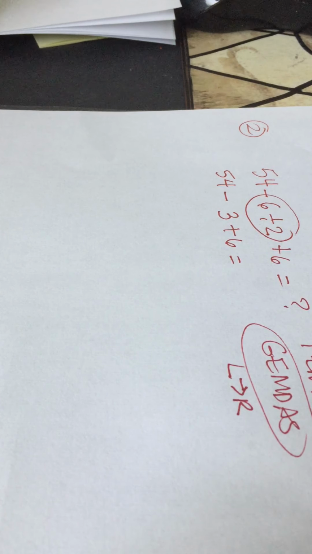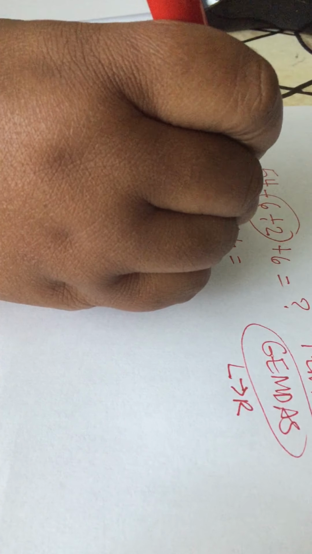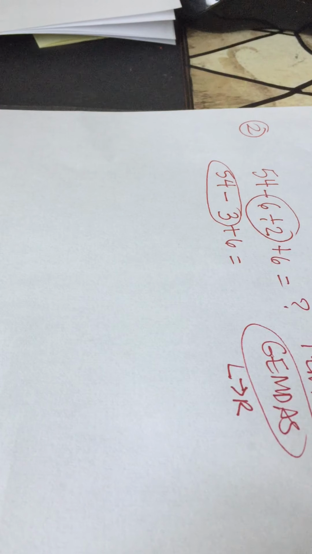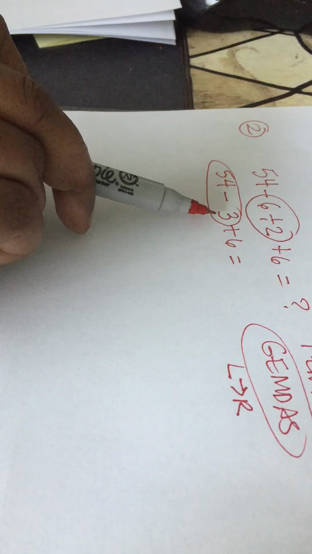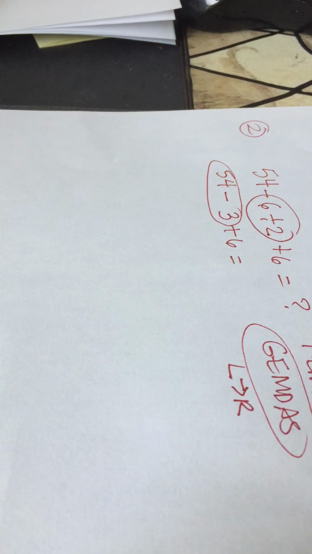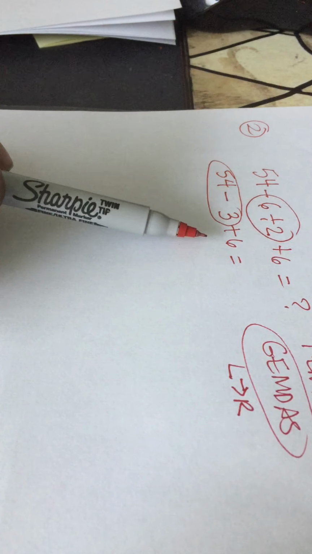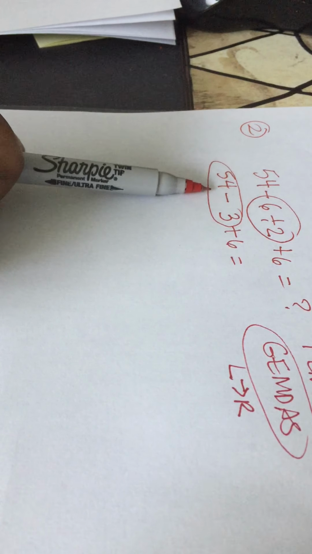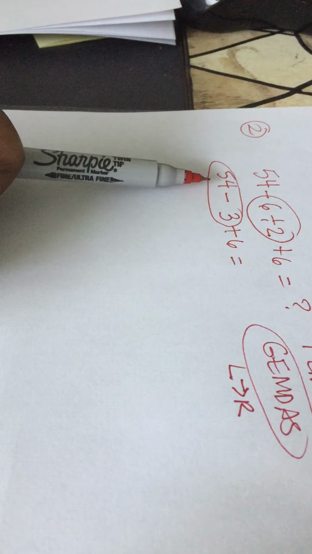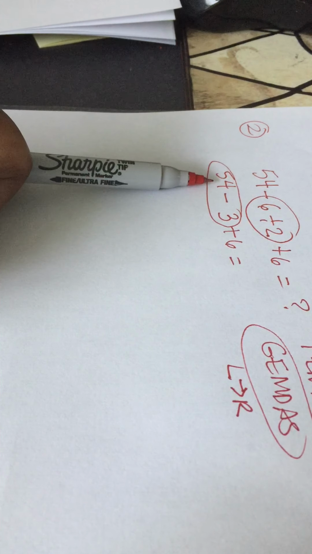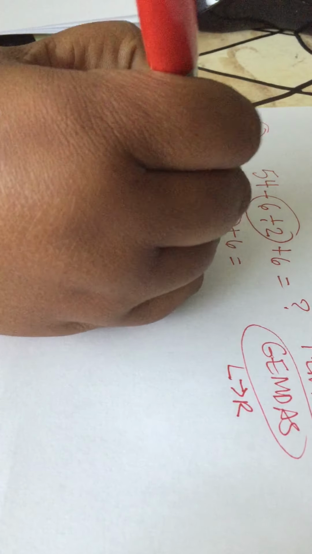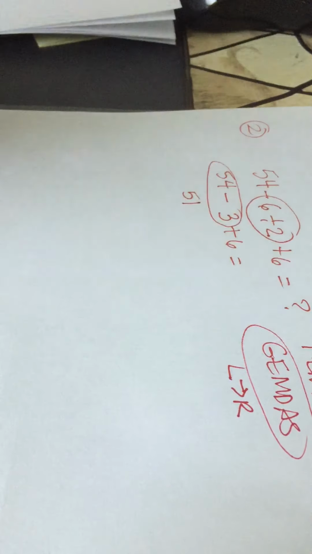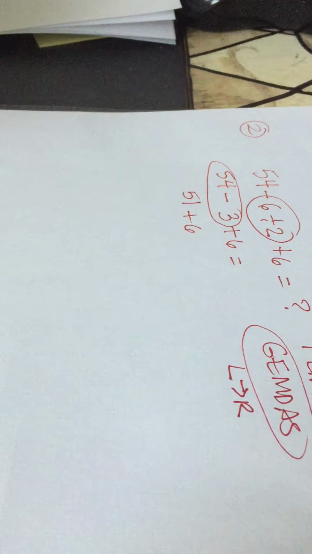What comes first? So here, I would solve 54 minus 3 first, not the negative 3 plus 6, because that would be negative 3, because you're subtracting here. So I would subtract 3 from 54, and by doing so, the answer would be 51 plus 6.